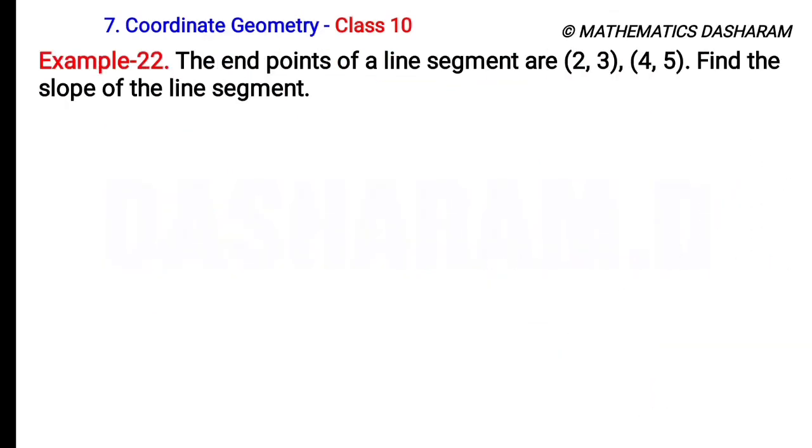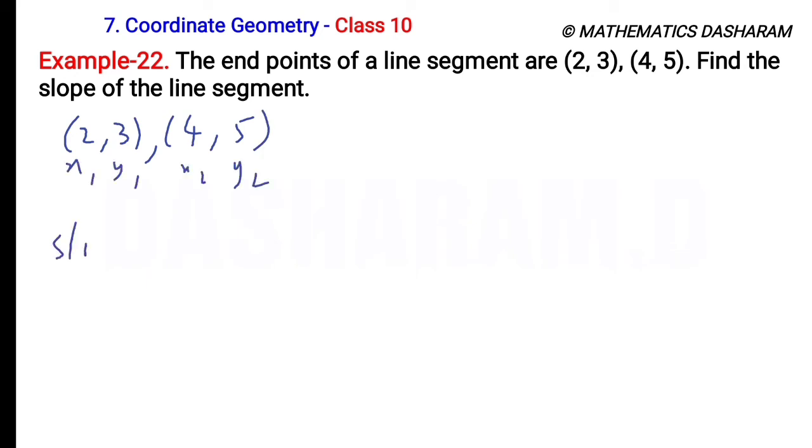Let's do one example problem. Example 22: the end points of the line segment are (2, 3) and (4, 5). Find the slope of the line segment. The given two points are (2, 3) and (4, 5), so it is x1, y1 and here x2, y2.